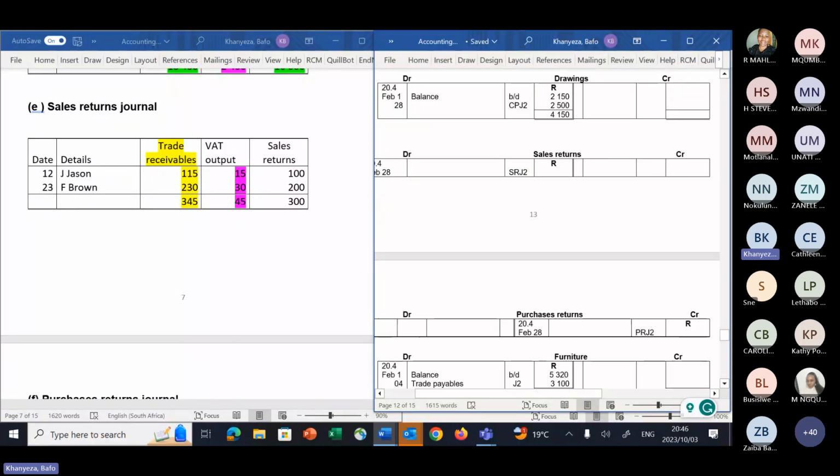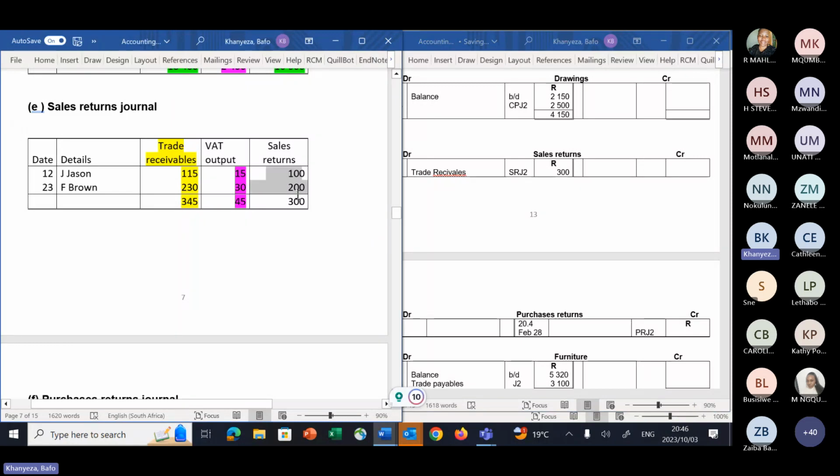I just have to check if we have a balance. Sales return, no, we didn't have a balance. So sales return will be debit because it's more like an income. So they'll register trade receivables with 300. So we've covered sales return.